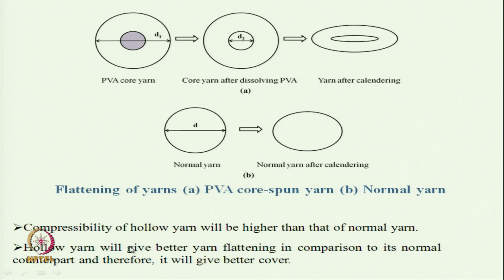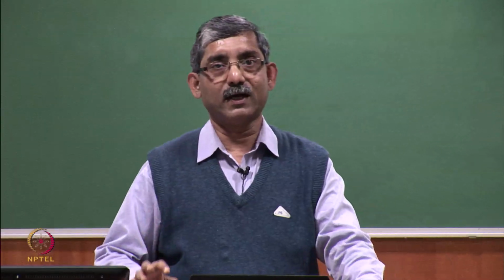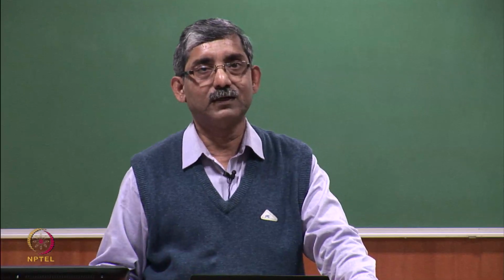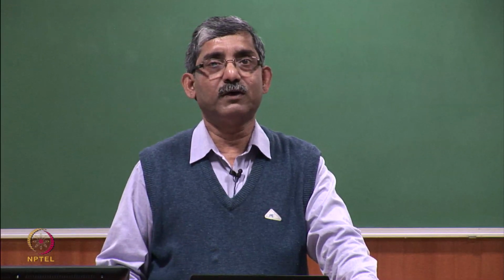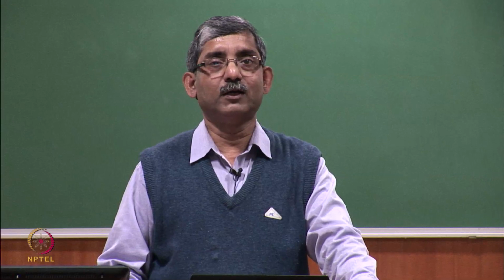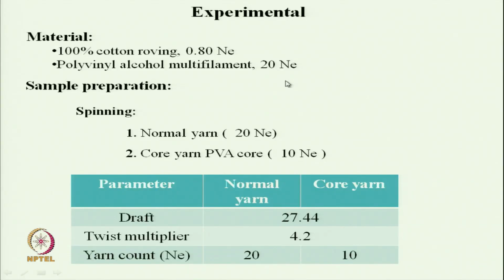So, compressibility of hollow yarn will be higher than the normal yarn. So, hollow yarn will give better yarn flattening as compared to normal yarn, therefore, it will give higher fabric cover. So, that was the idea to improve the UPF value by incorporating the hollow yarn.